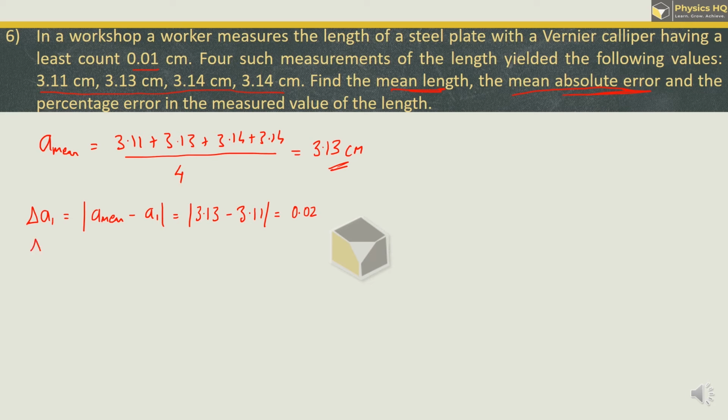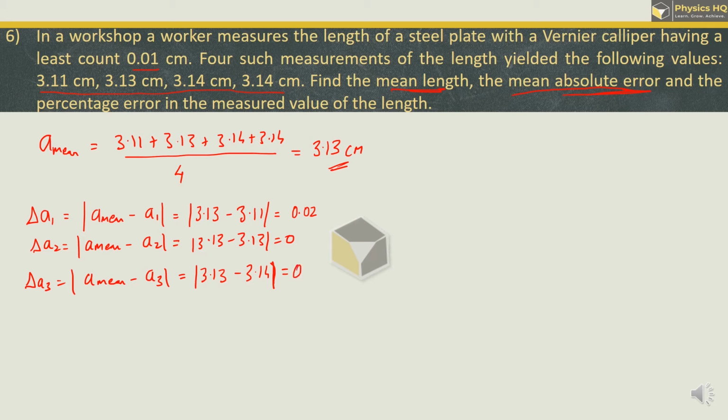Similarly, ΔA2 is equal to A mean minus the second reading, 3.13 minus 3.13, which gives us 0. For ΔA3 we have A mean minus the third reading, the modulus of 3.13 minus 3.14. This modulus sign tells us that we want only the difference, we don't care about the minus sign. So we will get the answer as 0.01. Likewise for ΔA4 we will get the same value, because we have the same reading.